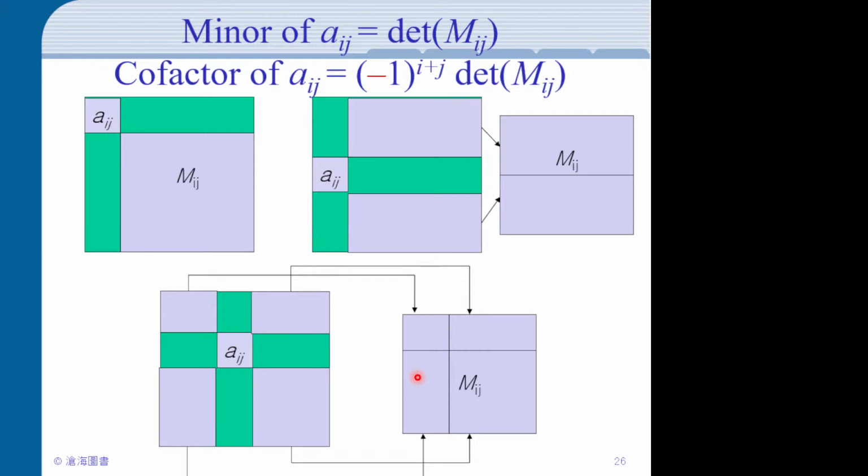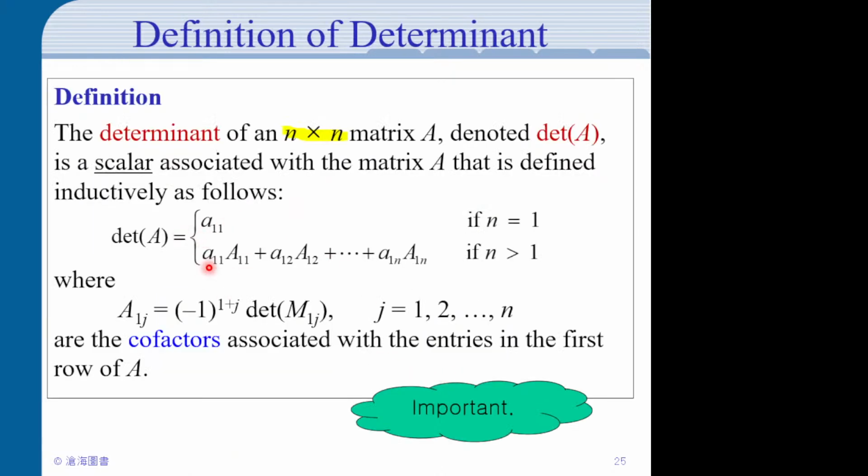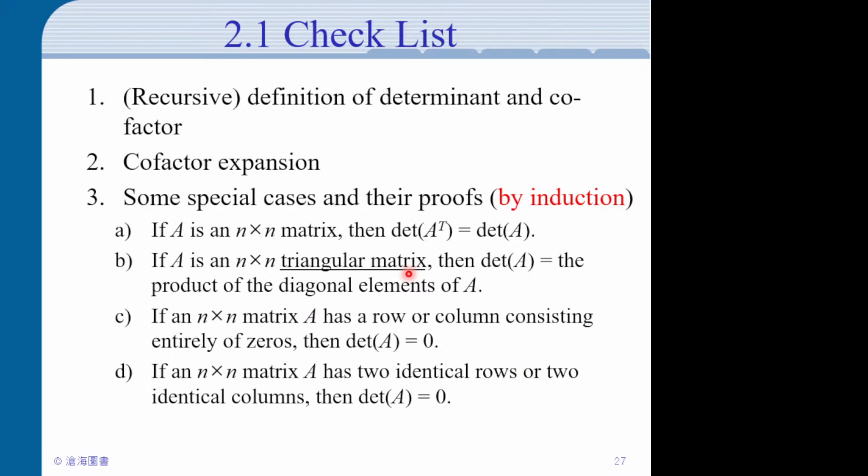You find its determinant and multiply by minus 1 to the i plus j. That's the cofactor. You multiply that cofactor with your element and add over a whole row or column. That's your determinant. So the determinant is defined by cofactor expansion.